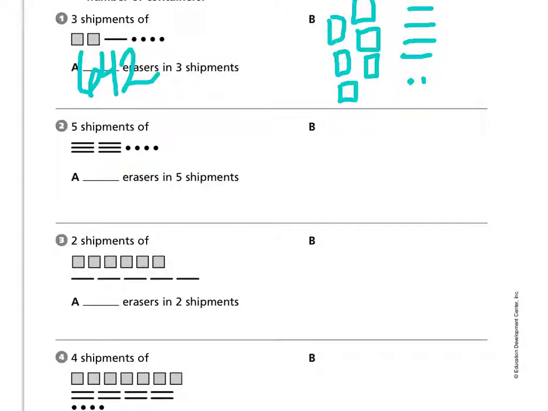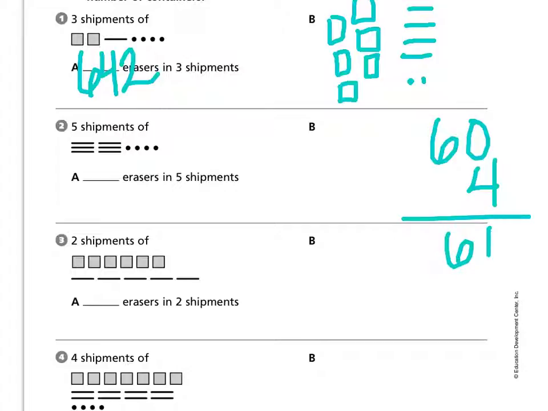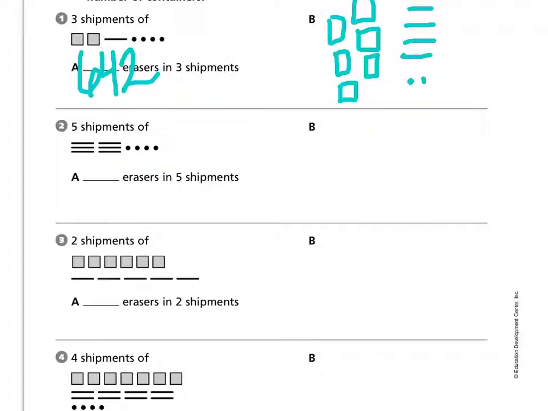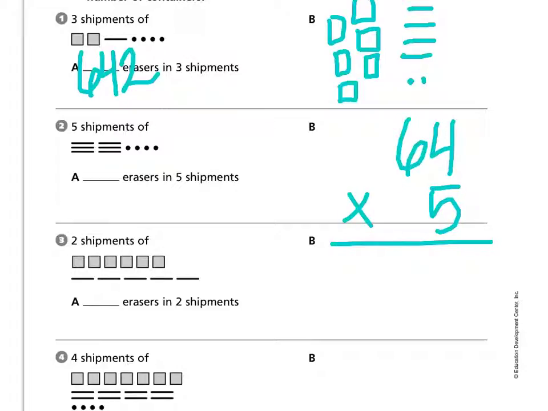Let's move on to number 2, which is 5 shipments of 6 packs and 4 individual erasers. Well, I know that 1 pack is 10, so 6 packs is going to be 60 plus 4 individual erasers. So I know that in each shipment it's going to be 64. But I have 5 shipments, so I need to take 64 and multiply it by 5. 5 times 4 is 20, carry the 2, 5 times 6 is 30, plus 2 is 32.